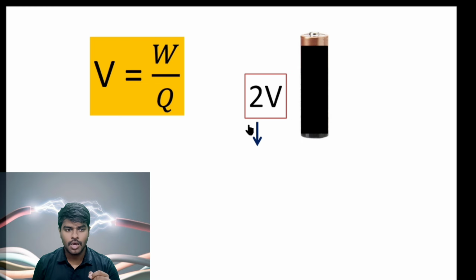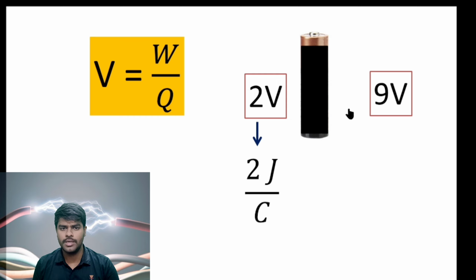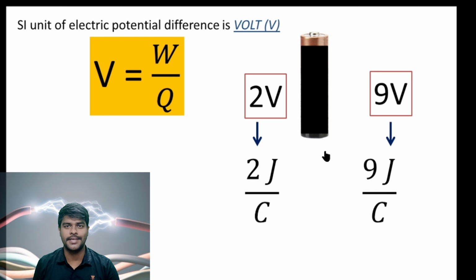It means that your battery is doing 2 joules of work to move 1 coulomb of charge. Suppose you have a battery of 9 volt. It means that your battery is doing 9 joules of work to move 1 coulomb of charge. I think you get it, right?